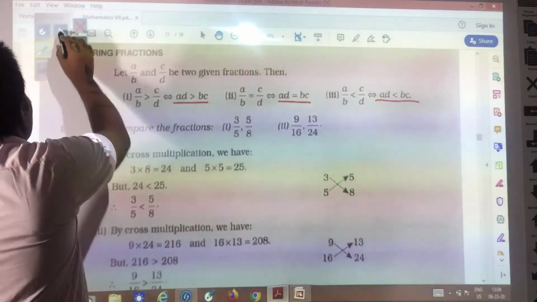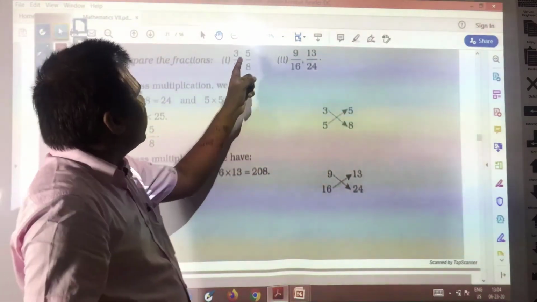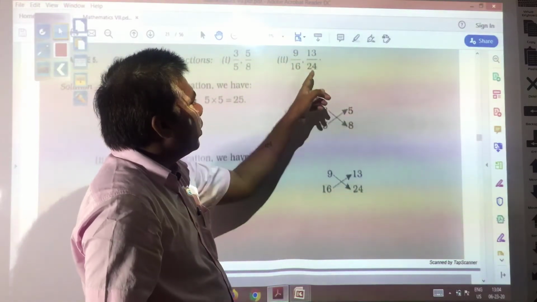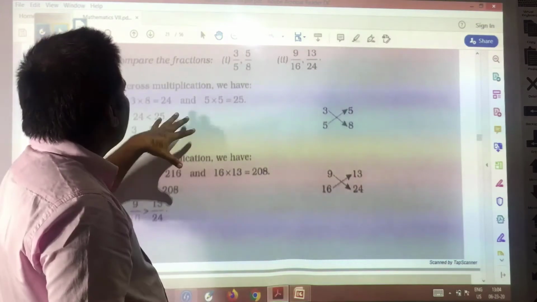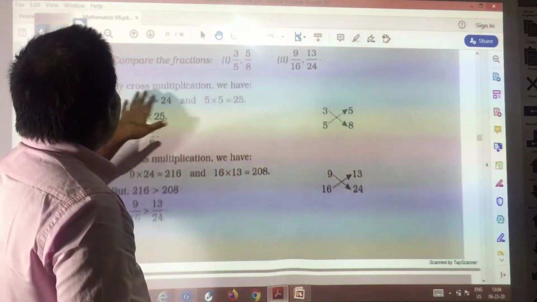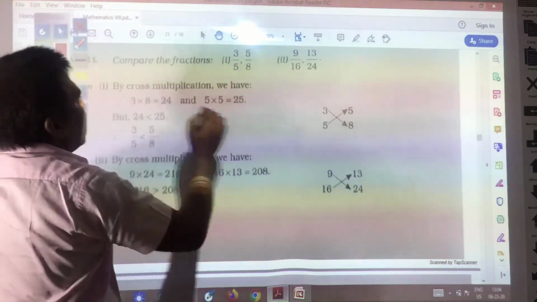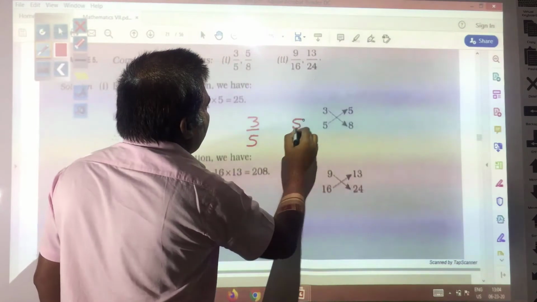Here you see, next you have: compare the fractions 3 by 5 and 5 by 8, 9 by 16 and 13 by 24. So, just now what you have learned, the same method will be applied over here. By cross multiplication we have 3 by 5 and 5 by 8.